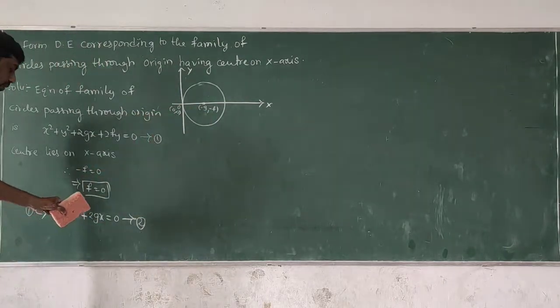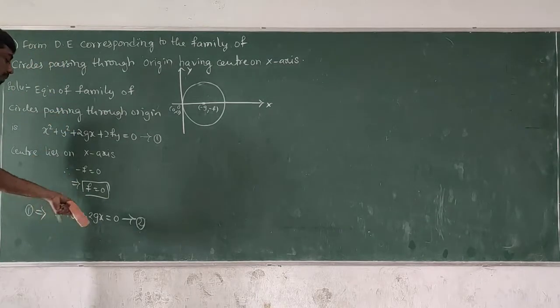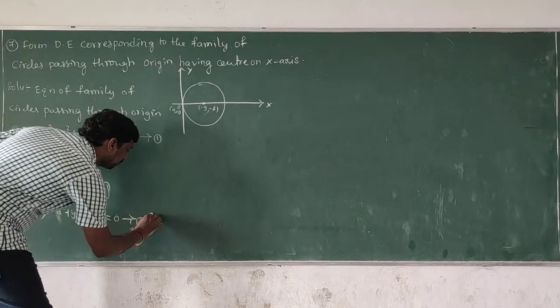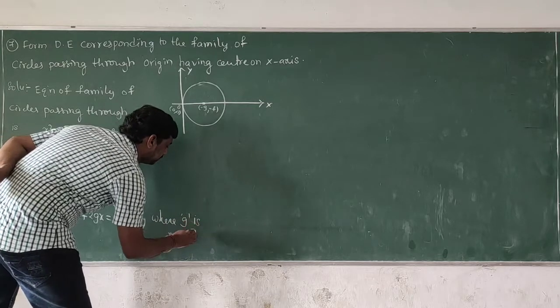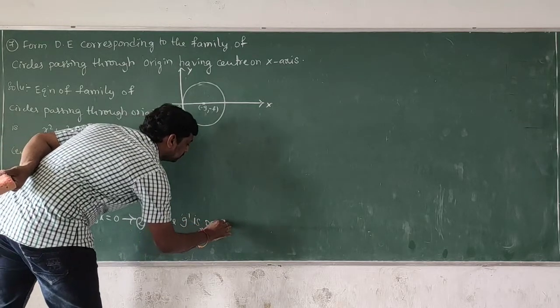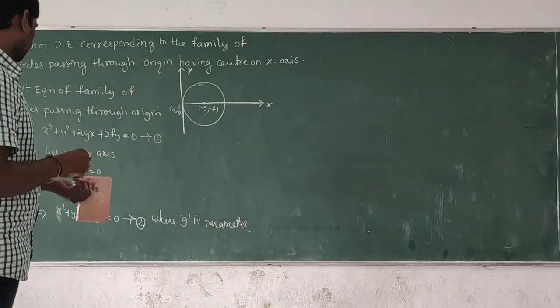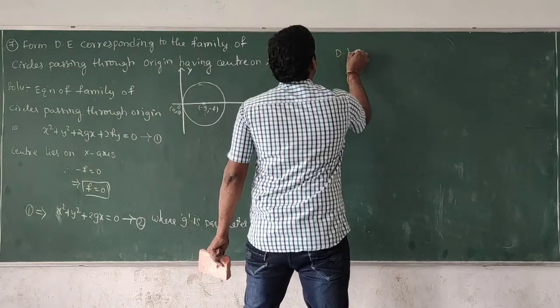Is it clear? Now for this equation we need to find the differential equation. How many parameters do we have? Only one parameter. What is its name? g, where g is the parameter. Nice. Okay. Now differentiate both sides with respect to x.